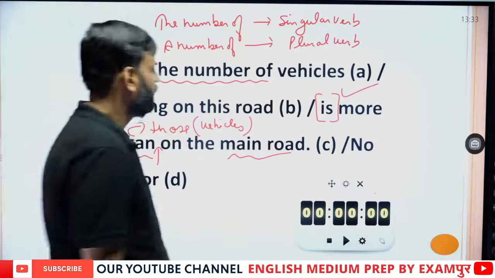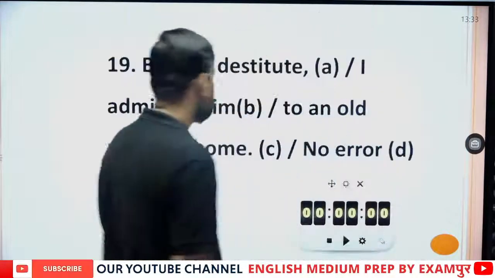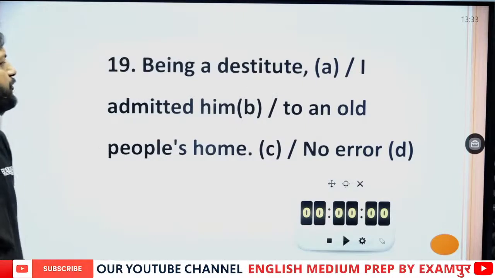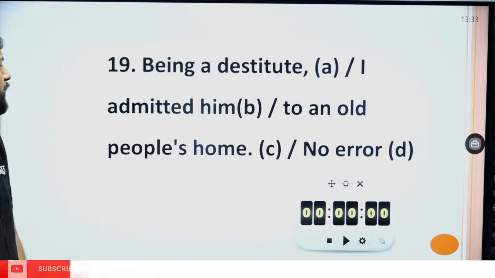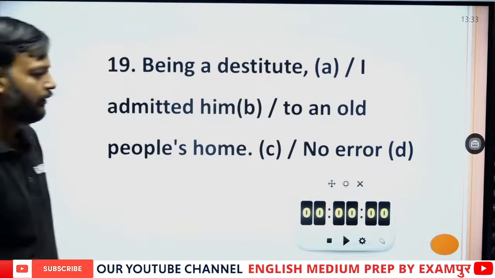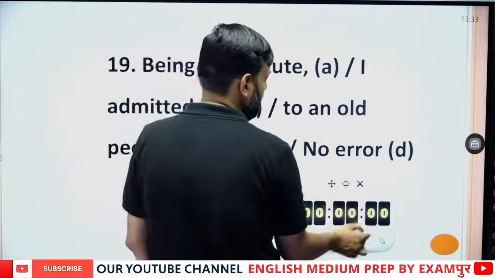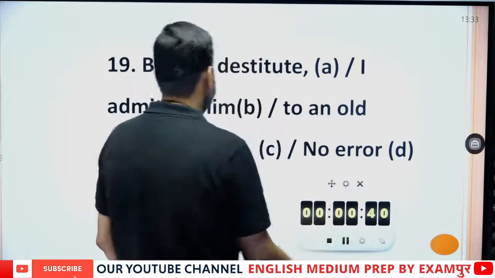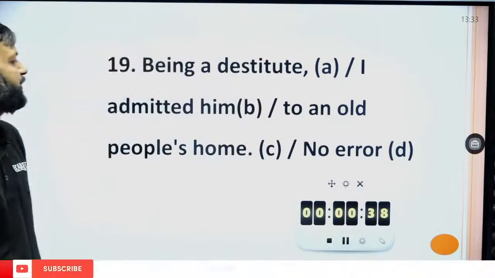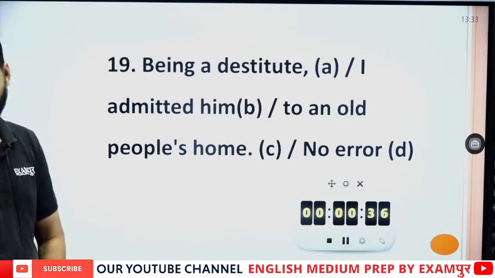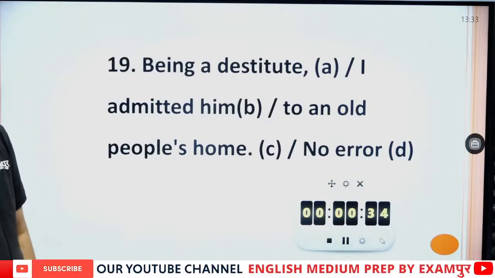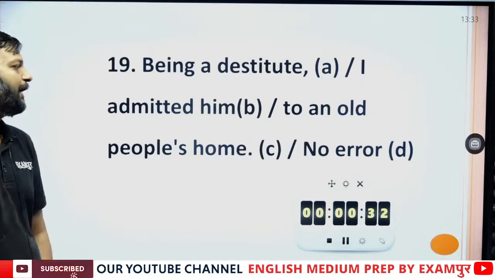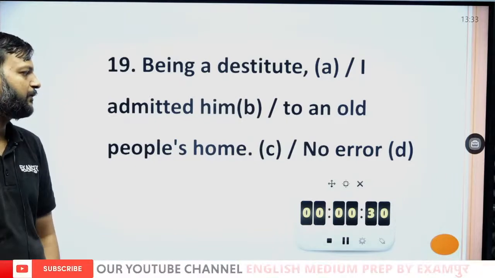Okay, let's see the next question. Question number 19. Being a destitute, I admitted him to an old people's home. What is the error here?